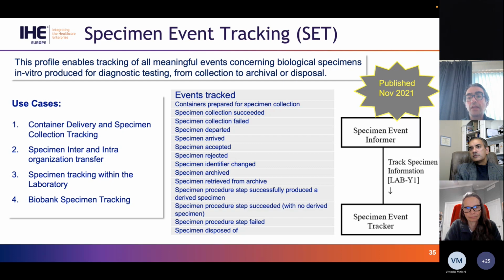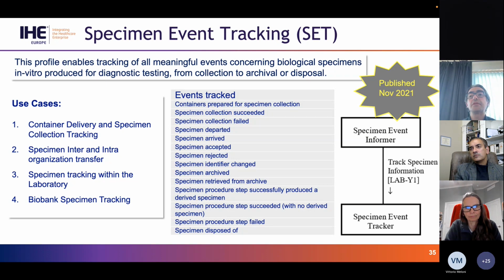the pathology, in the context of all the operations that are needed on the specimen before obtaining the slide to be scanned, for example. And the fourth, instead, is in the context of biobank, specimen tracking inside the biobank.